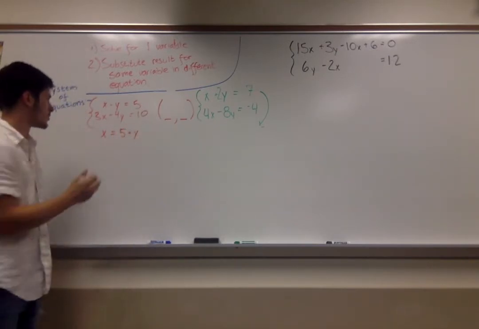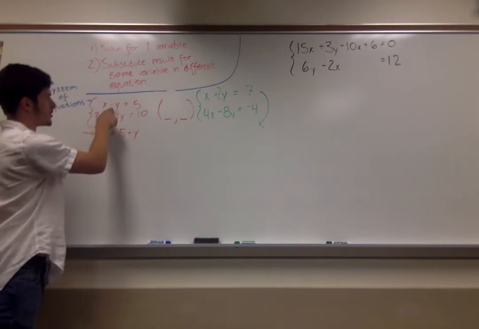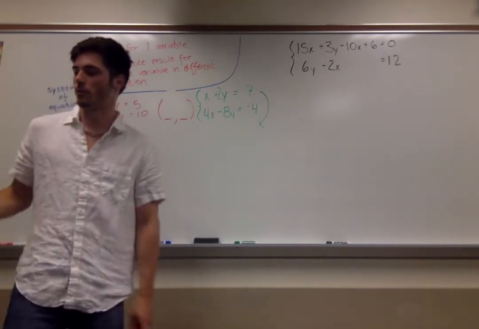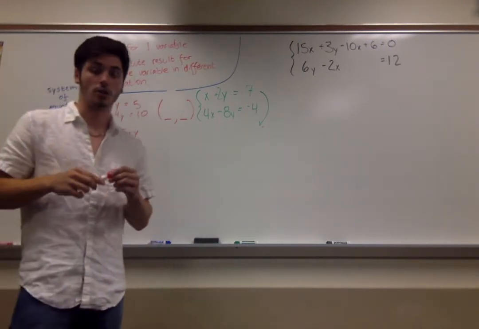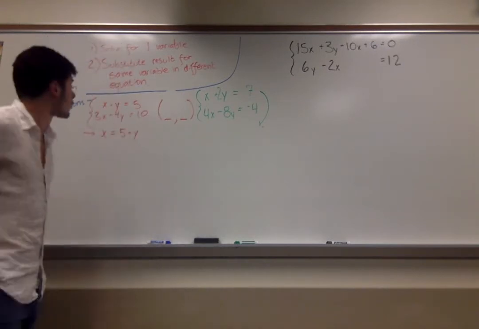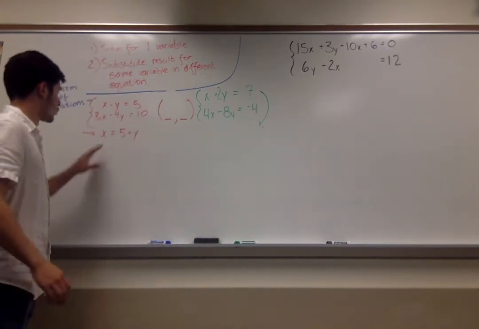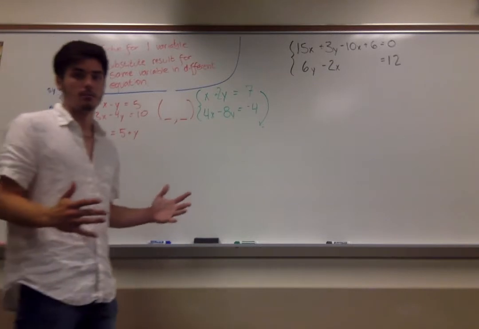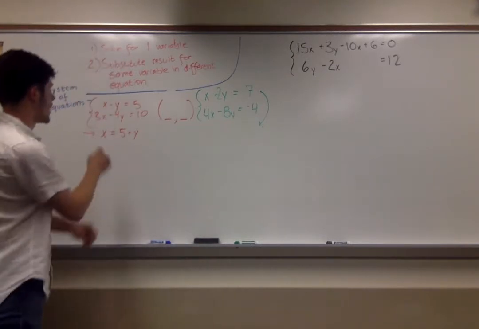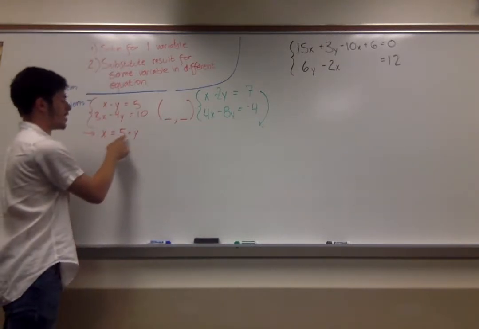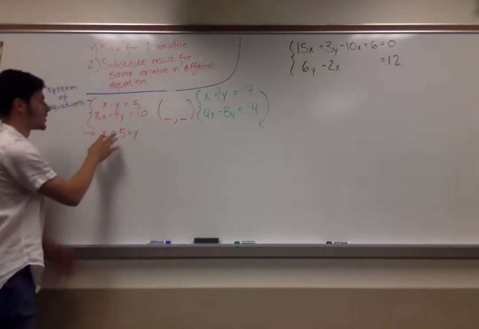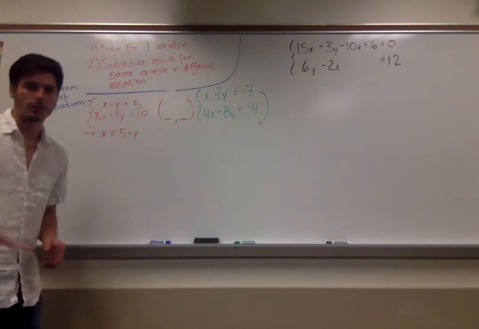And now, since we didn't change this equation at all, we didn't change the truth of it, we just changed what it looked like, we're going to read this as a statement now. Because this has truth to it still, right? x is equal to 5 plus y. So that means that we can use this piece of information elsewhere.